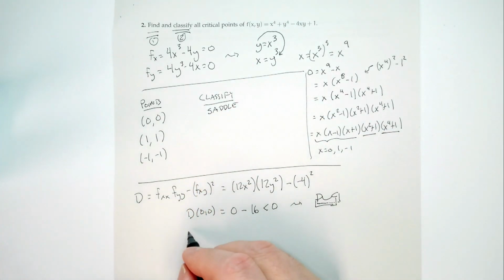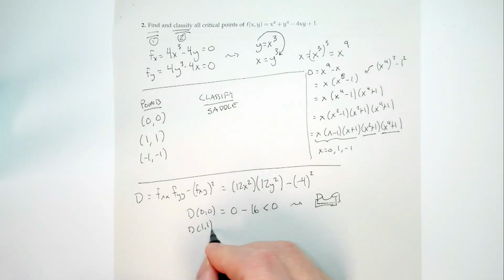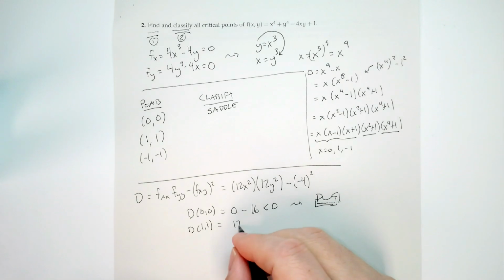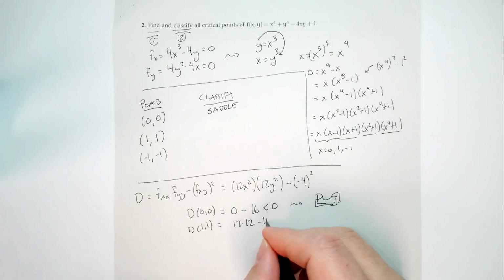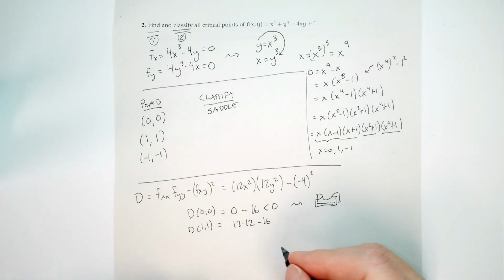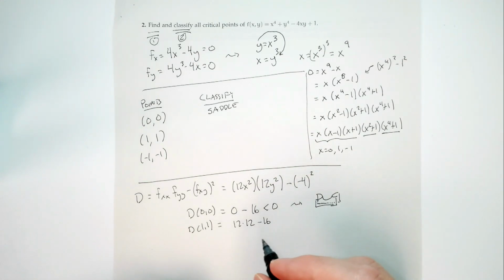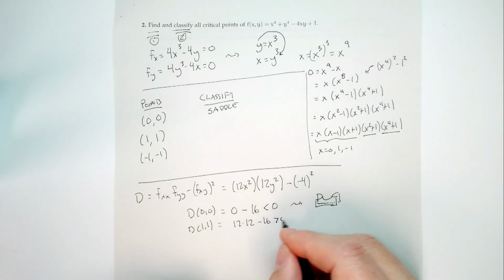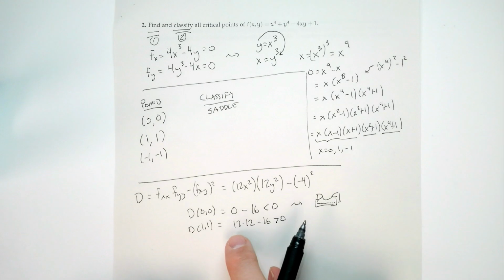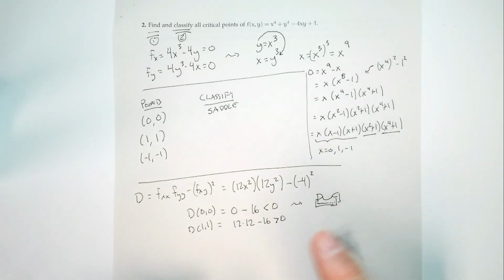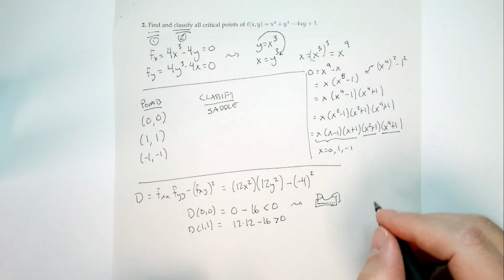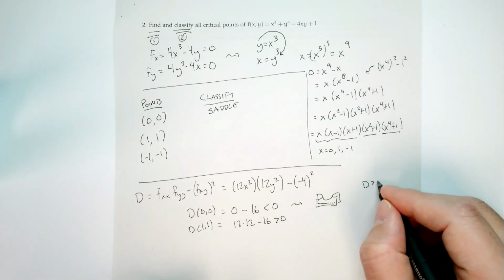Okay, how about 1, 1? Well, what will that be? That'll be 12 times 12 minus 16. Now, what do we know? Well, they're big, but that doesn't matter. We just need to know positive or negative. And it's positive. Okay, but hold on. Remember, if D is positive, you have to go a little bit deeper.